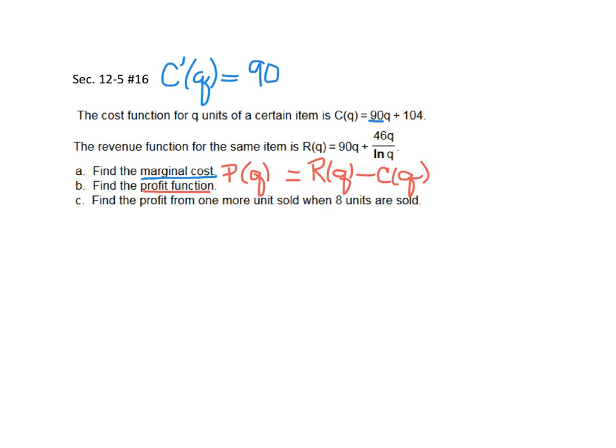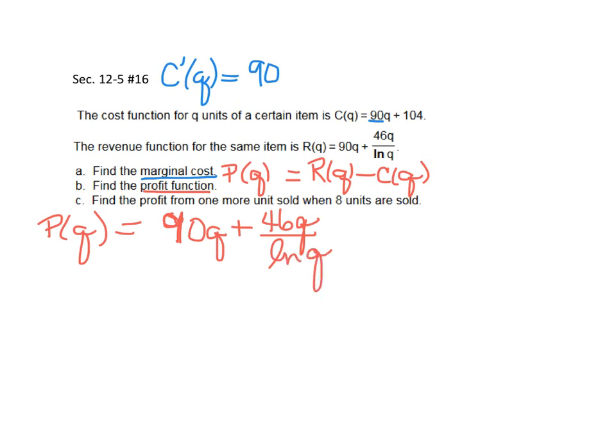So in order to find the profit function, part B, P of Q, first we take R of Q, which is 90Q plus 46Q divided by the natural log of Q, minus C of Q, which is minus 90Q plus 104.